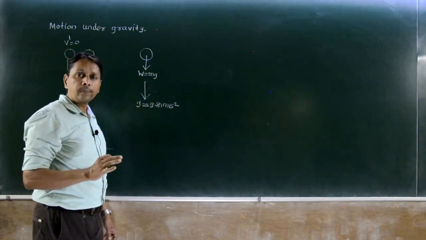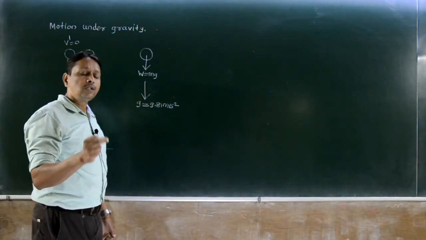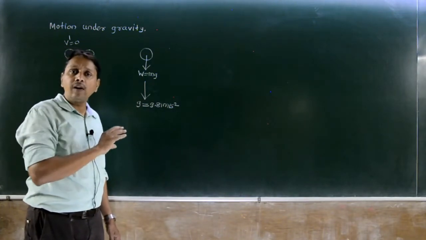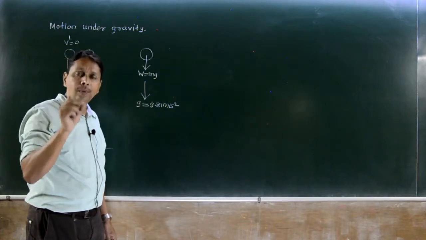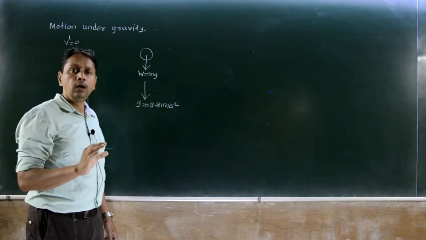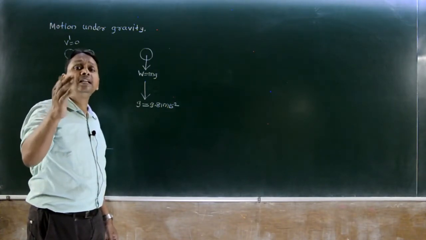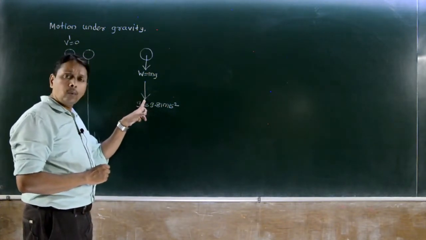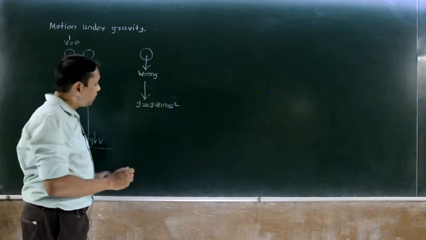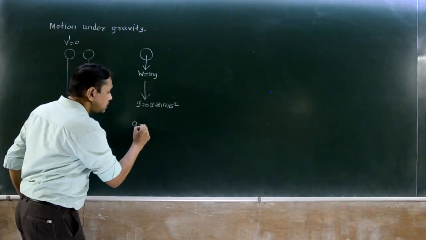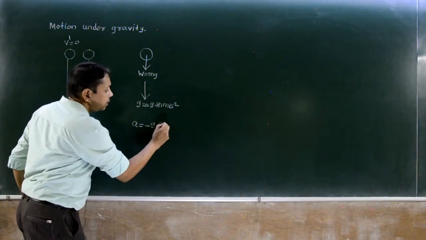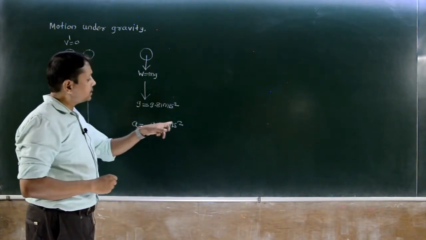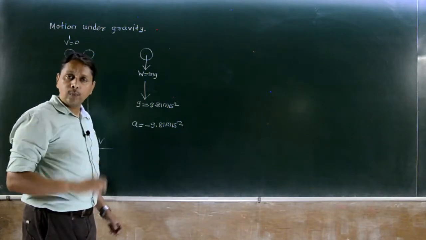And therefore we are going to use a very unique sign convention. It is not difficult at all. This sign convention we use in engineering to solve very difficult numericals very easily. What sign convention? That's very easy. From the first topic we are taking downward as negative, so minus 9.81 meter per second square.